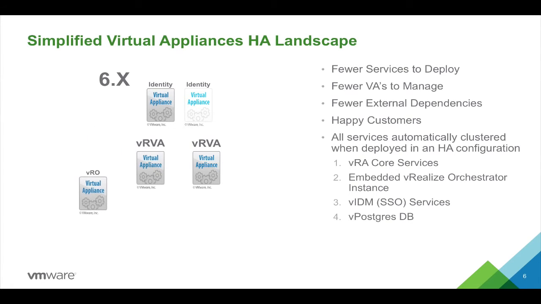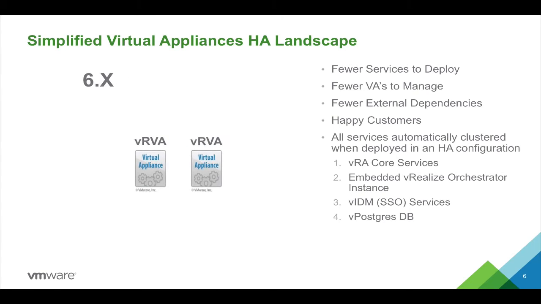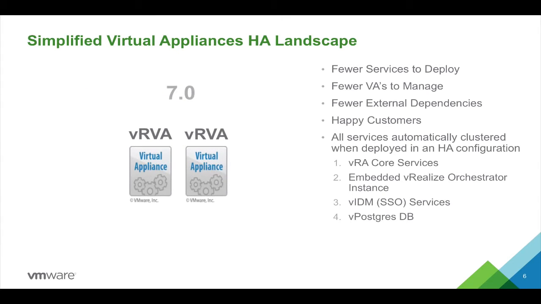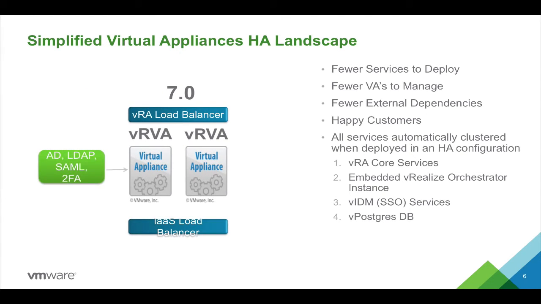Next up was vRealize Orchestrator. Same deal. vRealize Orchestrator in a highly available distributed install had to become an external highly available pair, and that resulted in 2 additional appliances. And then finally, the identity management. In vRealize Automation 6.x, the SSO appliance was not highly available, was an external service, and for high availability, we had to leverage vCenter SSO and an HA pair.